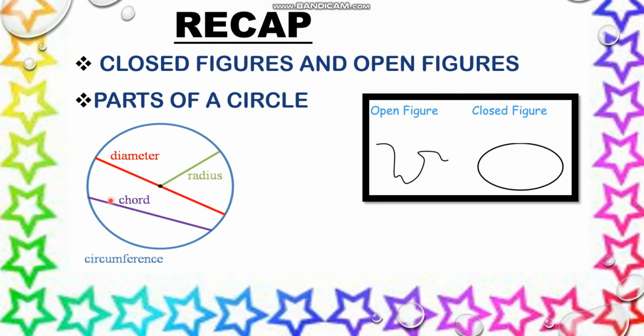And after that we learned about circumference. What is circumference? The total length of a circle is called the circumference. Got it, children? So these all are the topics we learned in the last class.